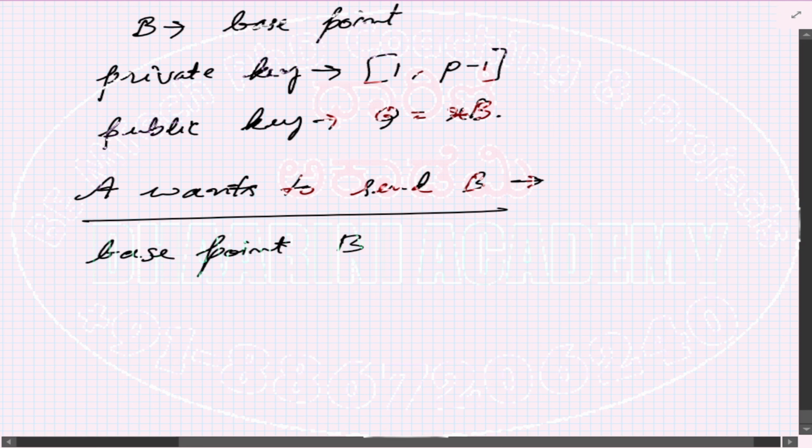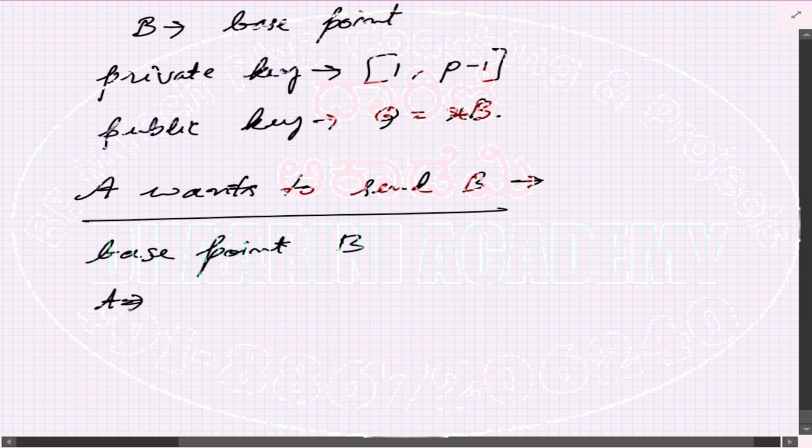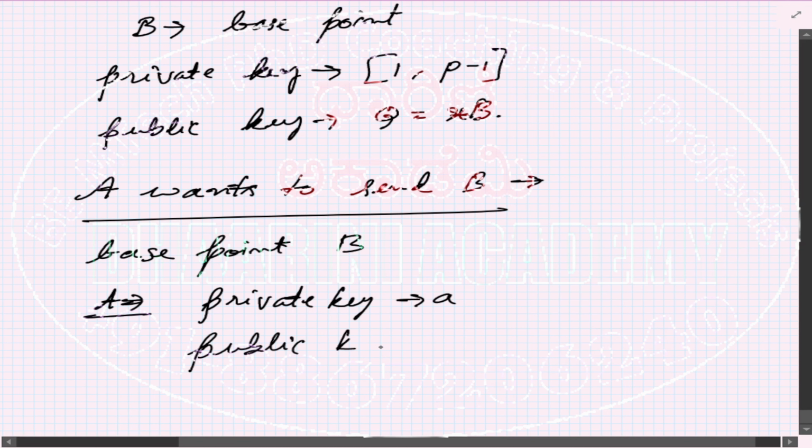Once that is done, you have to create a public key and the private key. So for A, let us say there is a private key, say this is some a. Then we have a public key, let me denote this as PA. So this is simply a into capital B.